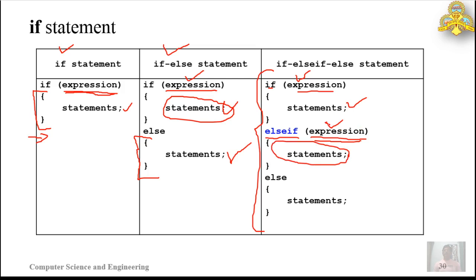Again, if this expression evaluates to false, then the next part will be selected, and if there is another elseif, then there will be an expression. If there is no expression, then it will be only the else part.